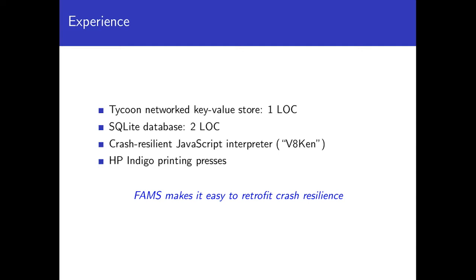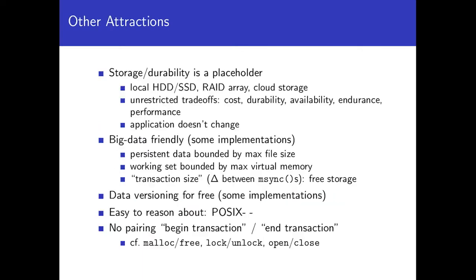The software was too complex. Failure atomic msync is a nice abstraction because all you have to do is make sure you put your data structures in it, and call msync at the right time. The net effect was that recovery times following crashes decreased from hours or days to about 6 minutes. Failure atomic msync makes it easy to retrofit crash resilience onto software that was never intended to be crash resilient.